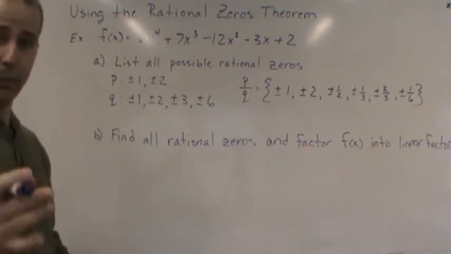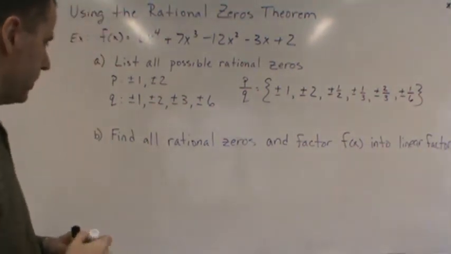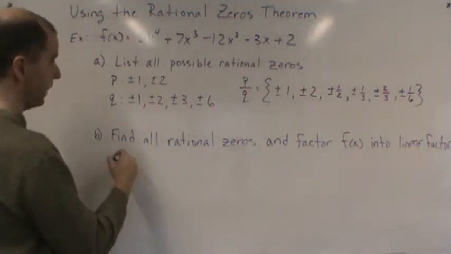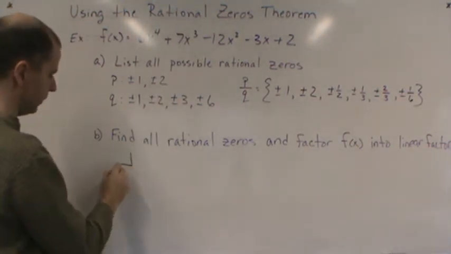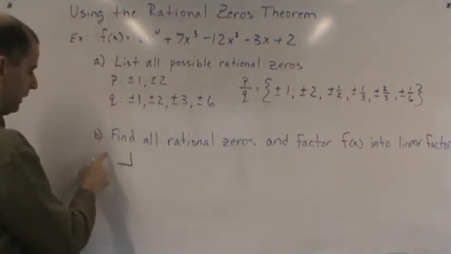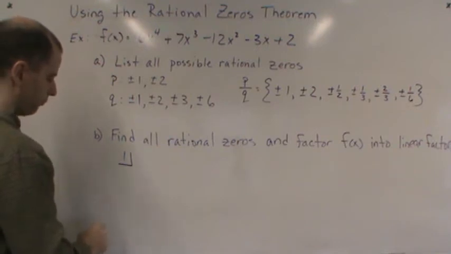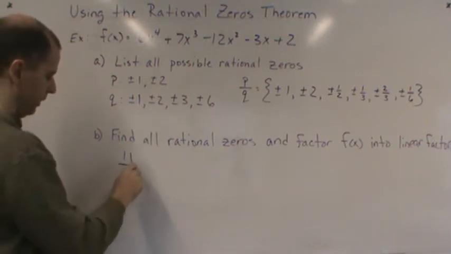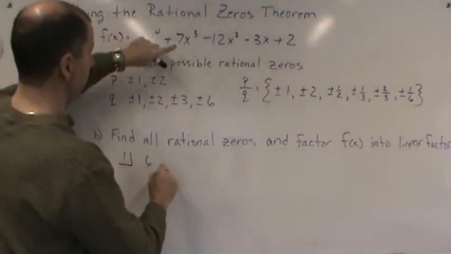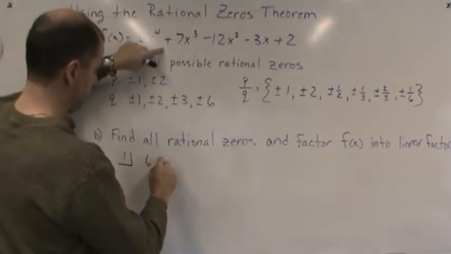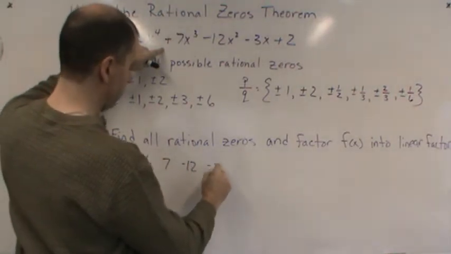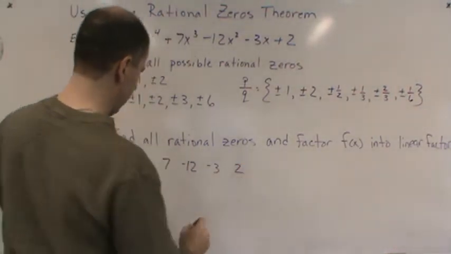Now we still have to factor it, so we still have to do synthetic division. Now that we know it's a zero, we still need to know the quotient. It's going to be x minus 1. So we put the coefficients: make sure we don't skip any place values. 6, 7, negative 12, negative 3, and 2.